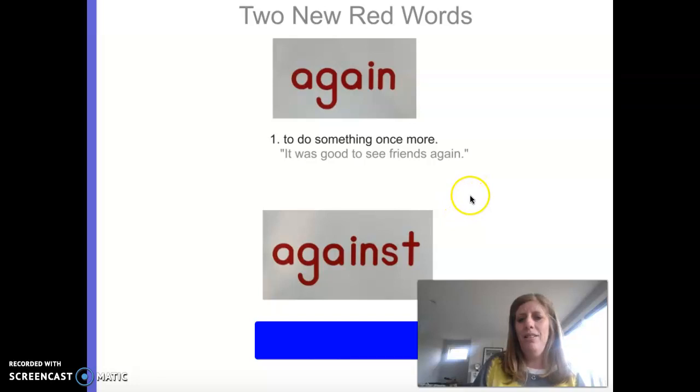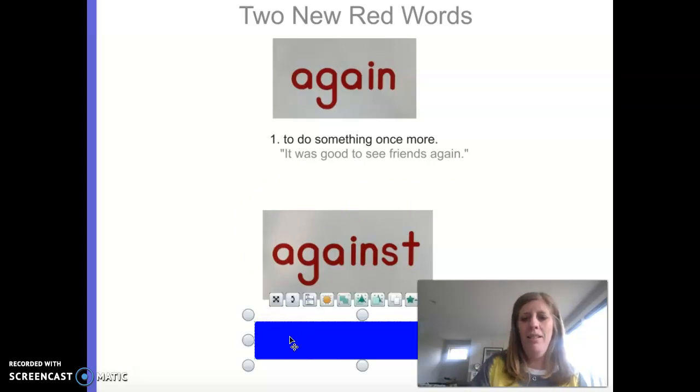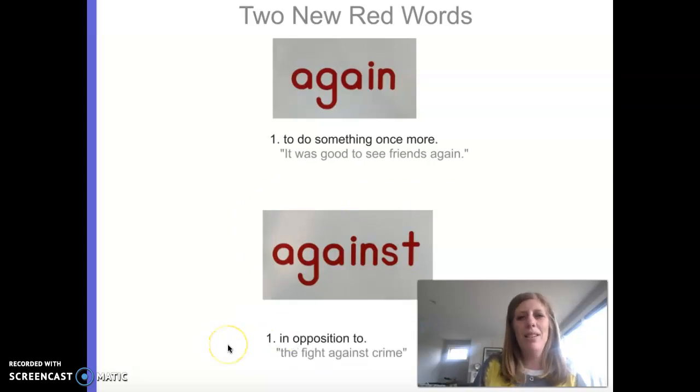I would ask you to raise your hands if you had an idea of how to use it in a sentence, and somebody might say, I am against keeping wild animals in cages, or I am against homework on weekends. Okay, what does it mean if you're against something? Against means in opposition to.